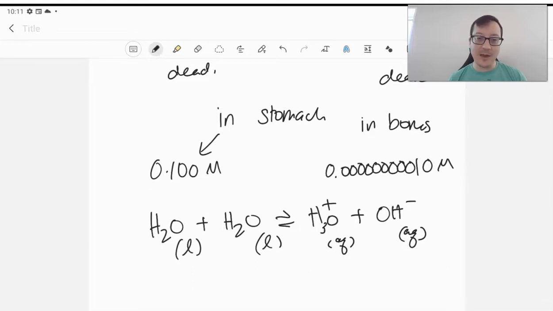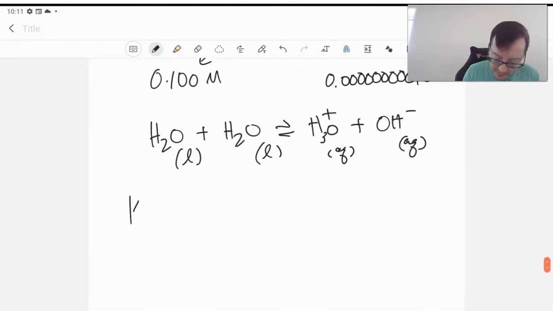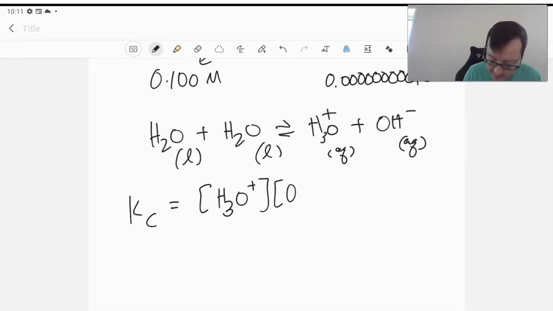And if we were to illustrate the equilibrium constant of this, remember for equilibrium constants, we do not include pure liquids or solids. So the equilibrium constant for this would simply be H3O plus times OH minus, because the waters are liquids, so we're not going to include them.